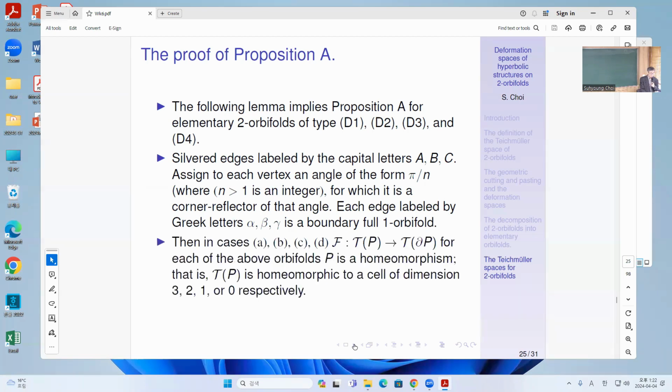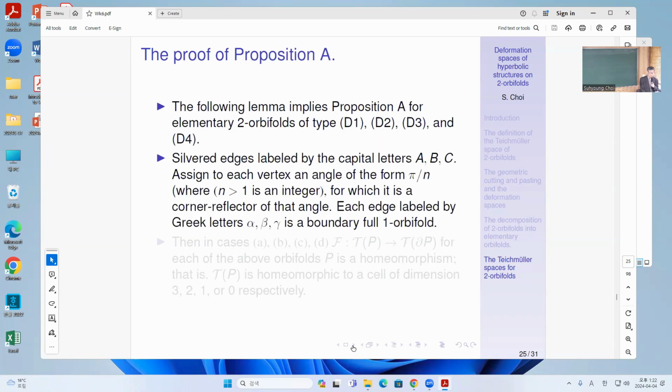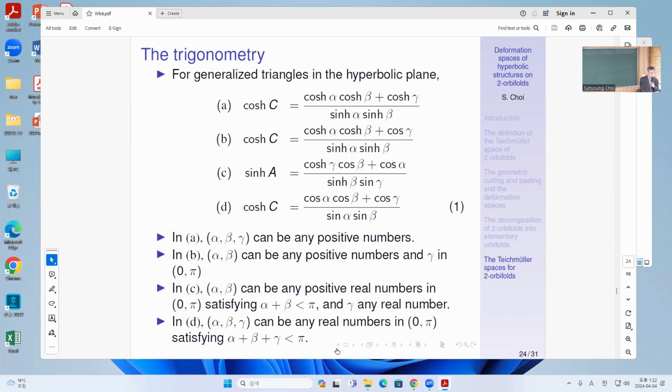Then this is a homeomorphism, because if you know alpha, beta, gamma, which are the lengths of the boundary, then you know the hexagon. And if you're given a hexagon, there are of course the lengths of these boundary orbifolds. So these parameters will determine the deformation space. Therefore, this works. And then for B again.